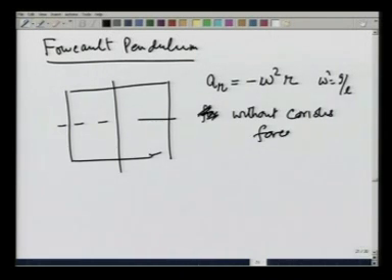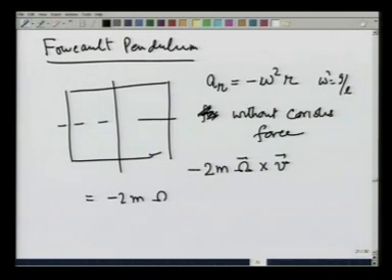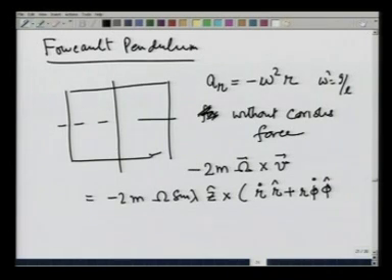But with the Coriolis force I have an additional force which is equal to minus 2 m omega cross velocity, which I will write as minus 2 m omega sin lambda in z direction cross r dot in r direction plus r phi dot in phi direction.